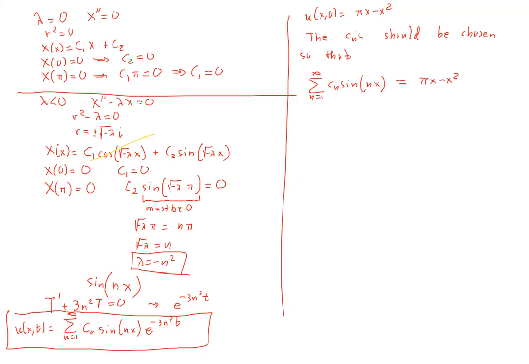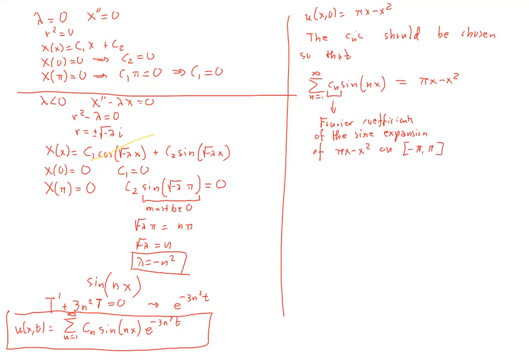And this right away forces those Cn's to be what? The Fourier coefficients of the function pi x minus x squared when you have a sine expansion. So this will be the Fourier coefficients of the sine expansion of pi x minus x squared on the interval from negative pi to pi.